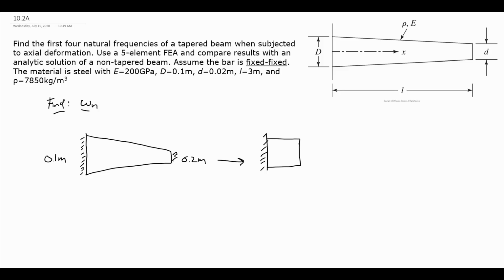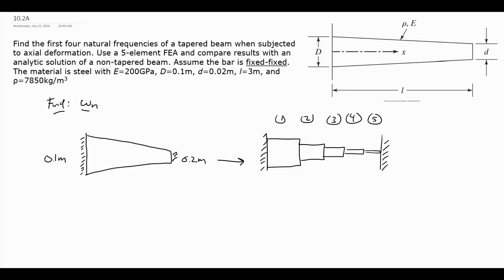And then we have another element that it's attached to that can have a smaller cross-section, so a smaller diameter. And then we'll have elements 3, 4, and 5. And it's also fixed to the wall there. So we'll have elements 1, 2, 3, 4, and 5.